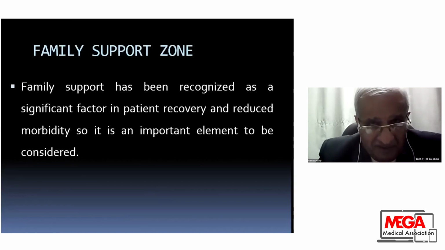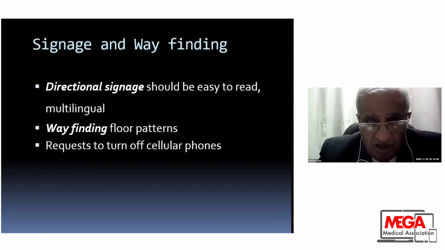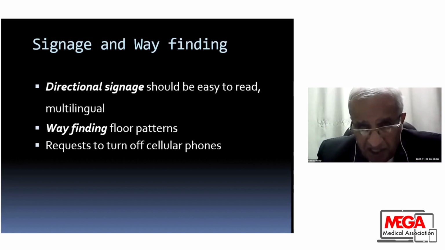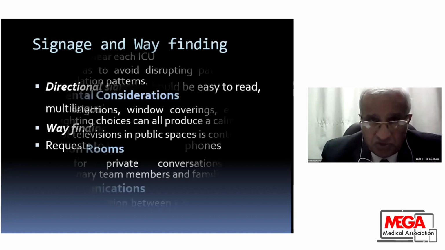Finally, the family support zone. Family support has been recognized as a significant factor in patient recovery and reduced morbidity. So it is an important element to be considered. Concerning signage and wayfinding, we should have directional signage, which should be easy to read and multilingual, wayfinding floor patterns, and requests to turn off cellular phones.